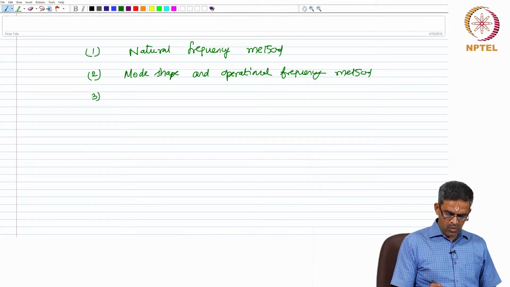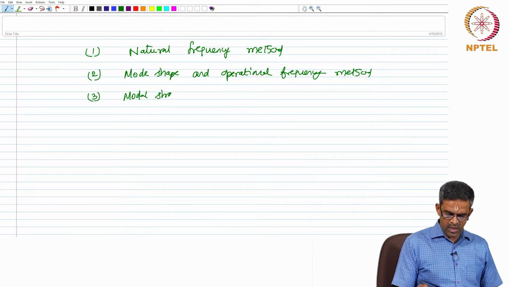One can also detect damage based upon the modal strain energy.